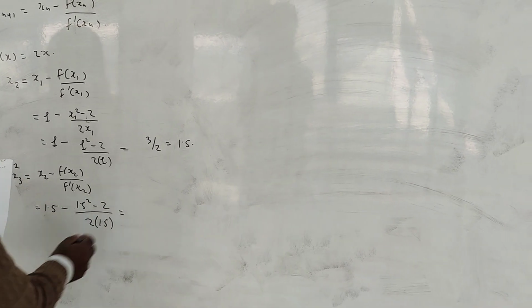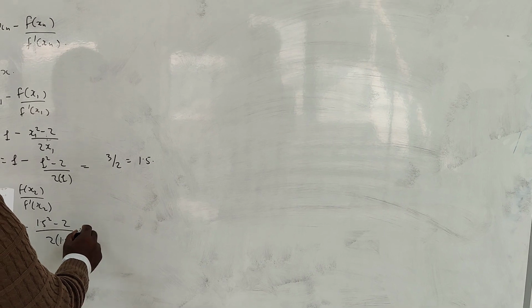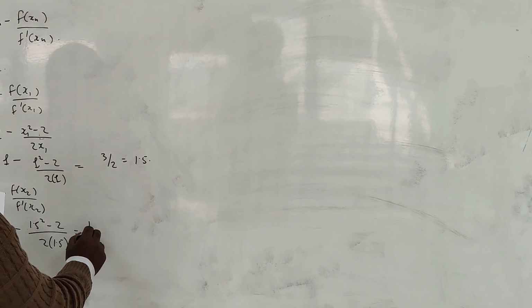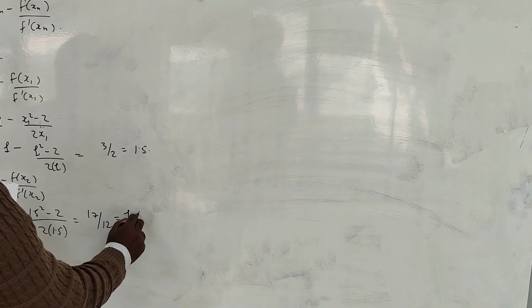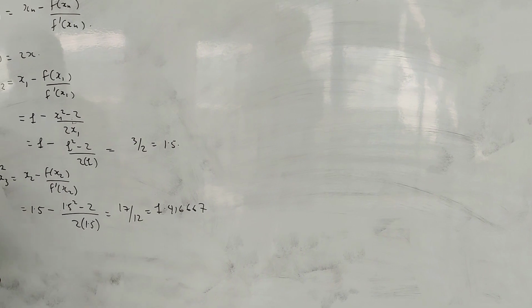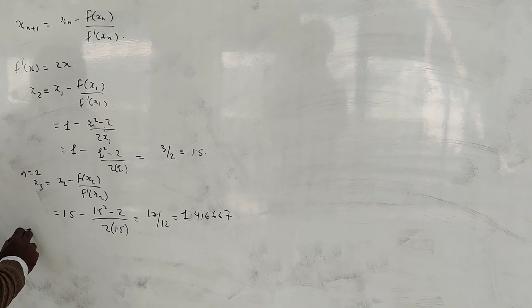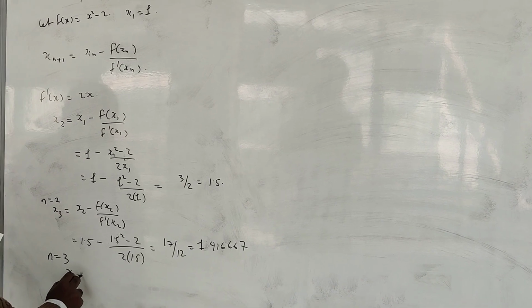If you evaluate this, we arrive at 17 over 12, which is the same thing as 1.416667.